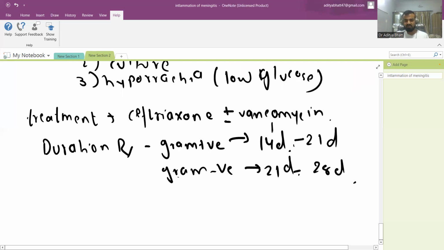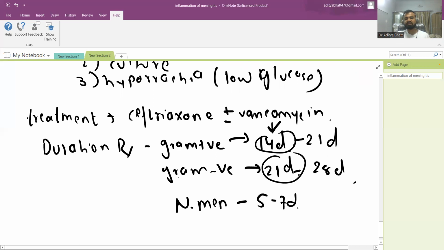But if they ask you, then it is 14 days here and 21 days here. The least amount of treatment is required with Neisseria meningitidis, which requires only 5 to 7 days of antibiotic therapy. It has the minimum duration of antibiotic therapy amongst all the patients.